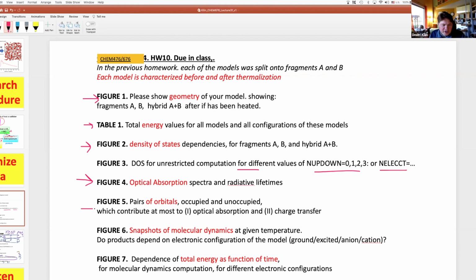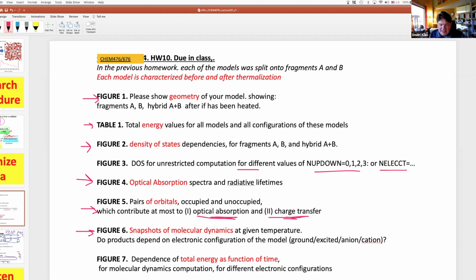Spectra, pairs of orbitals, either HOMO-LUMO or those that provide maximal optical absorption, or those that show charge transfer if your project relates to photovoltaics. I think no one does photovoltaics this year.